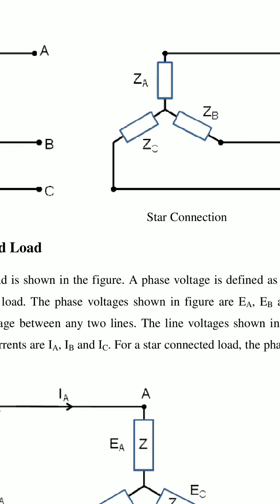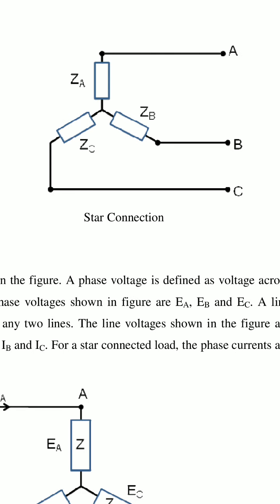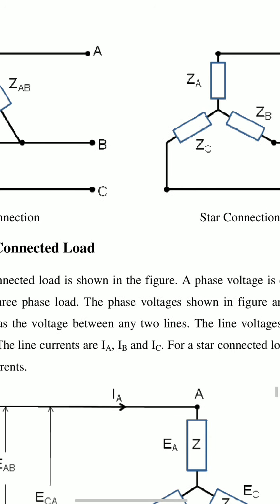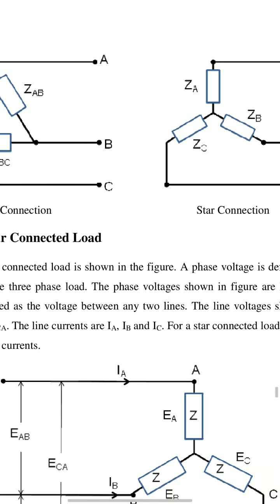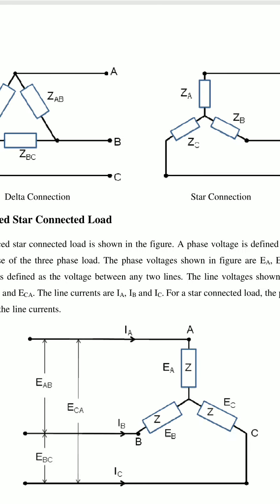Now see here the star connection. Here ZA, ZB, ZC are all connected at a common point called neutral. The terminals A, B, C, this is for the load, star and delta connections.